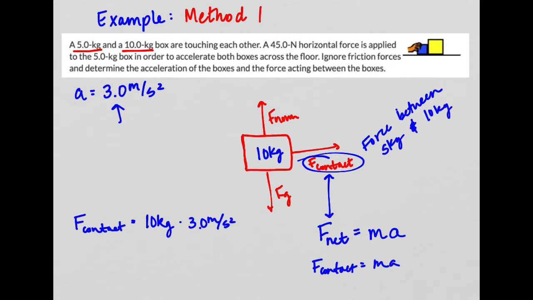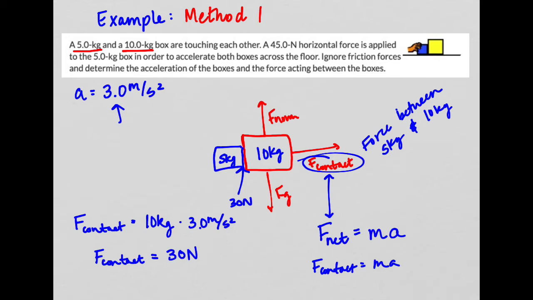So our contact force, the force that's acting between the two boxes, is 30 newtons. The force that exists here, if I redraw that other 5 kilogram box in here, the force that exists right here is 30 newtons.